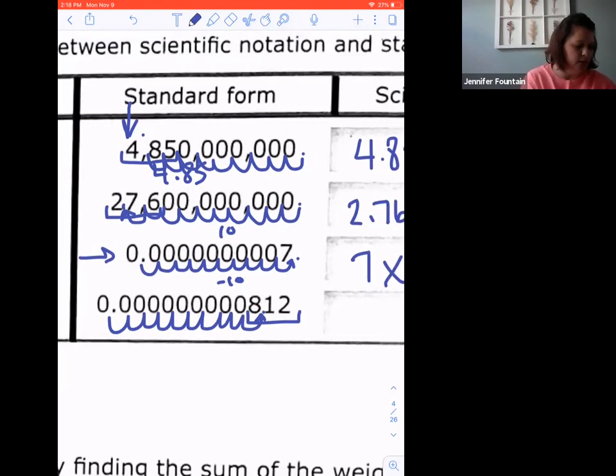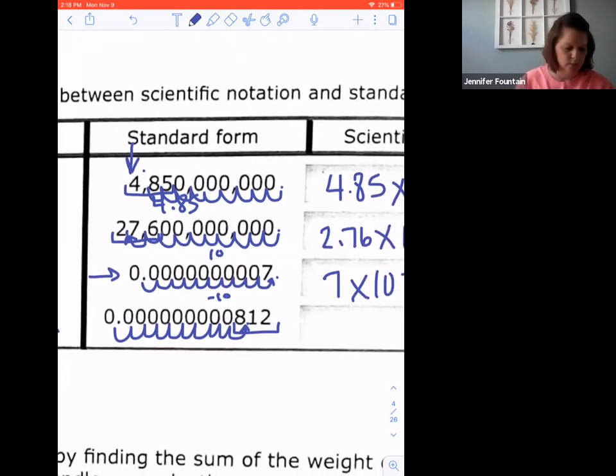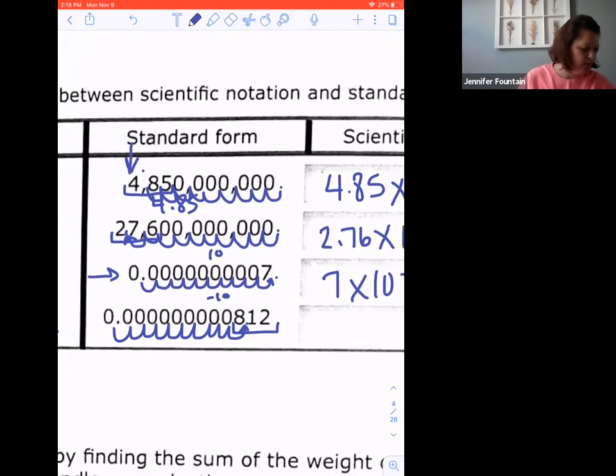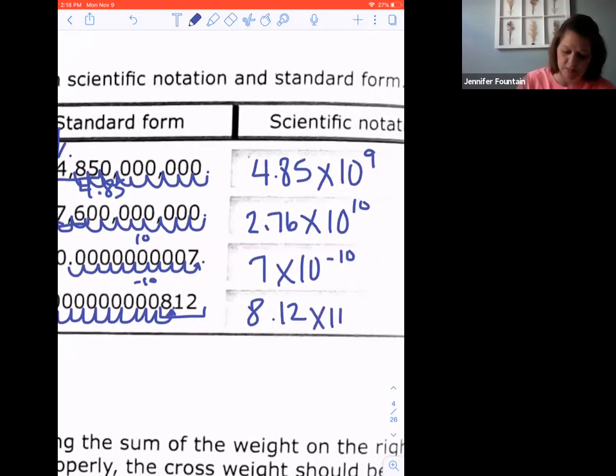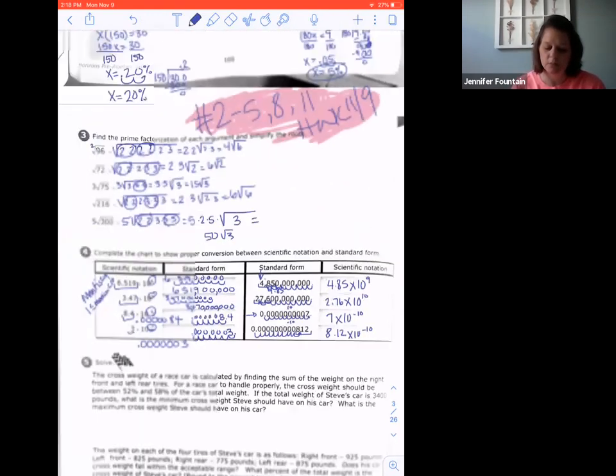And so I end up with 8.12 times 10 to the negative 10th power. Any questions on those?